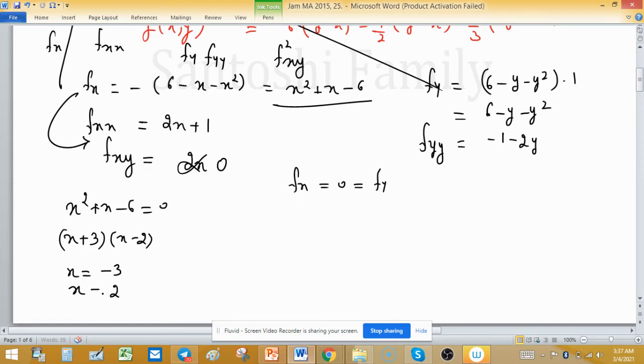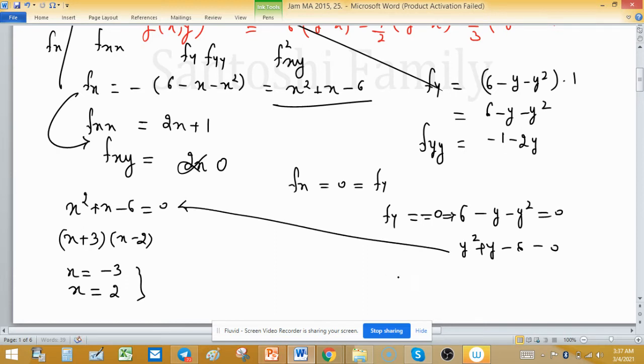Now when fy is 0, this implies 6 minus y square is 0, which means y square plus y minus 6 is 0. Again the same, so the values of y will be minus 3 and 2.